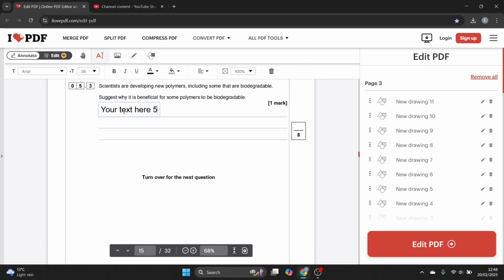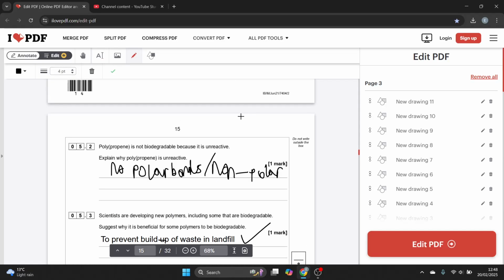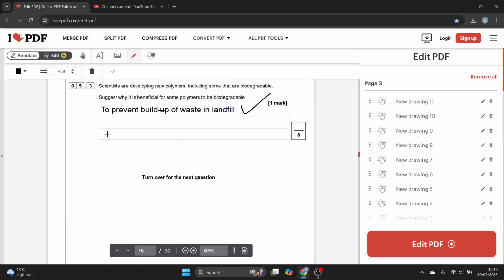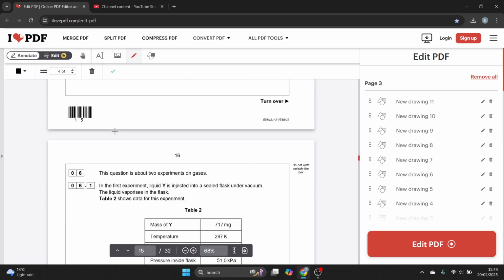To prevent buildup of waste in landfill.